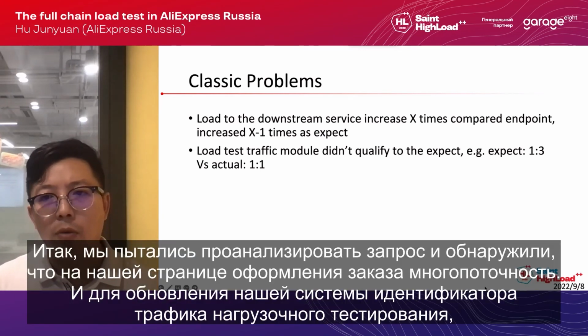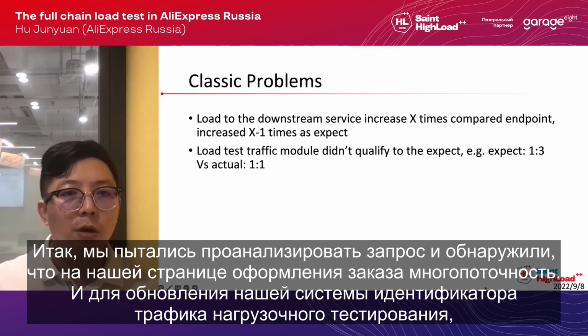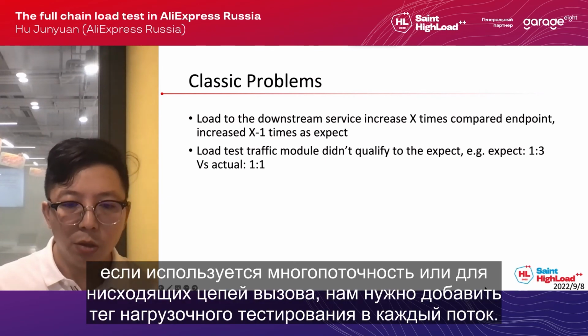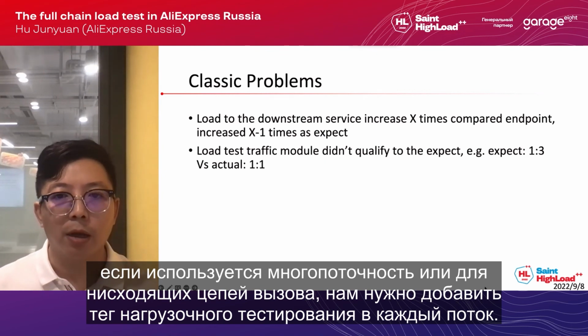So we tried to analyze the requests, and we found that in our checkout page there is multi-thread logic. For our system upgrade of the load test traffic identifier, when using threads for downstream invocation, we need to add this load test traffic tag in every thread.